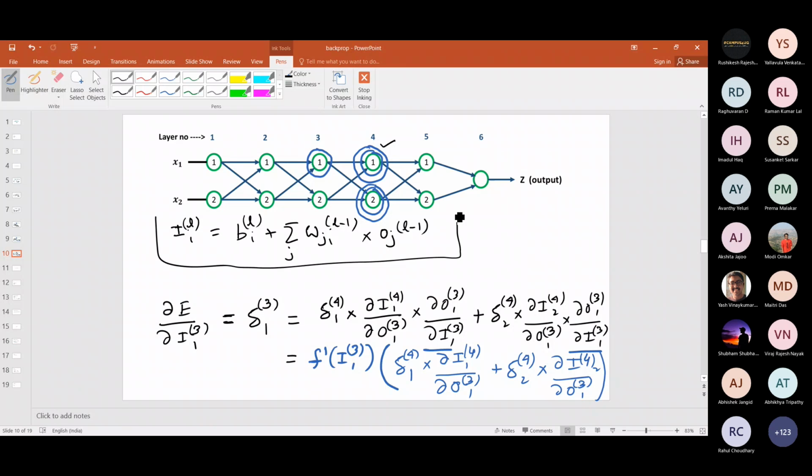Now if you look at this expression and take the derivative with respect to this, because I know that I is a function of O, and here I have this expression, how can I write it down in a simplified fashion? I'm erasing this just for space constraints, and I go ahead to formalize this.